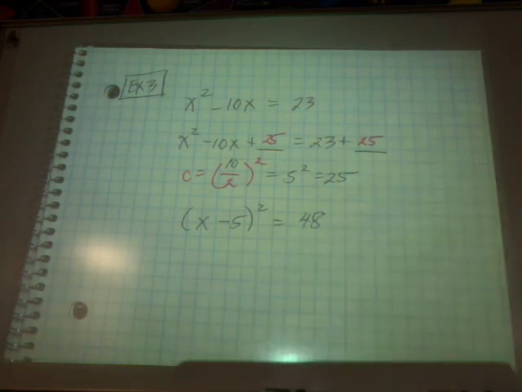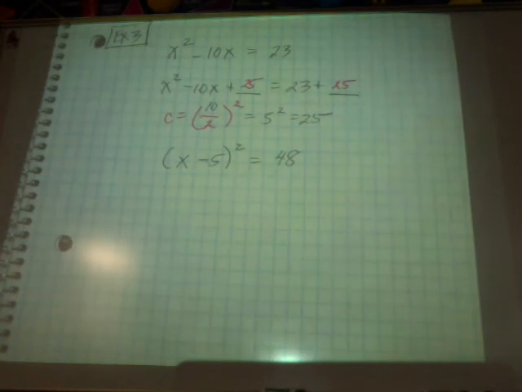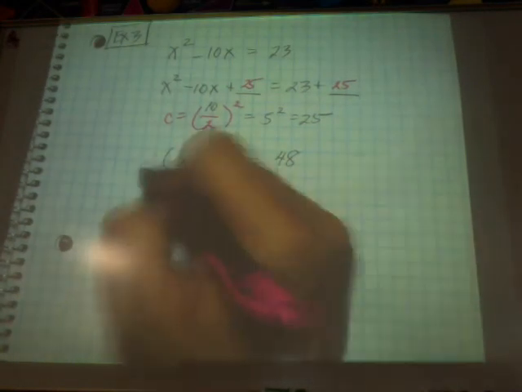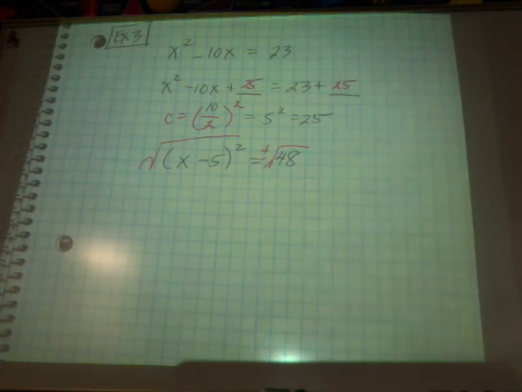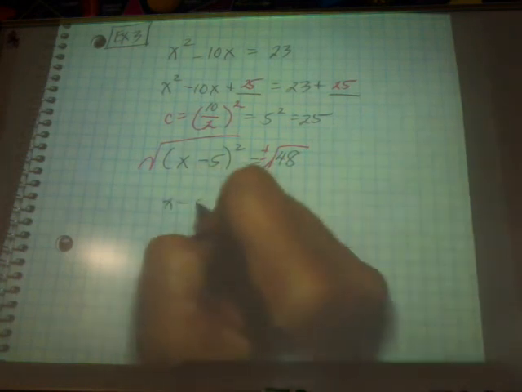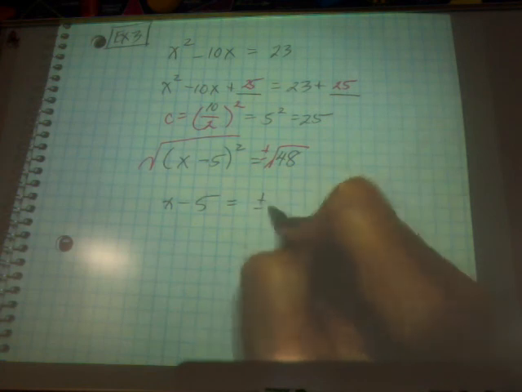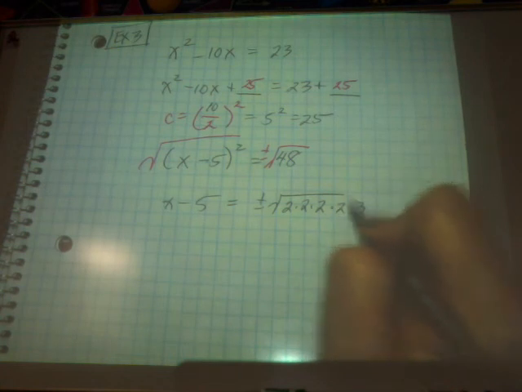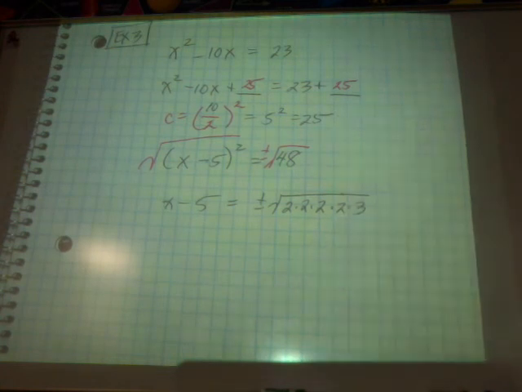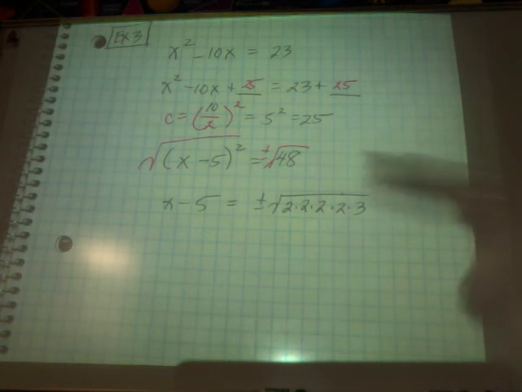See how your right side is not a perfect square this time? So when you take the square root of both sides, you have to simplify the square root of 48. 48 has 4 2's in it and a 3.